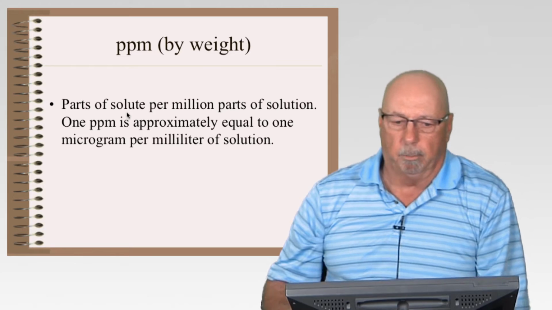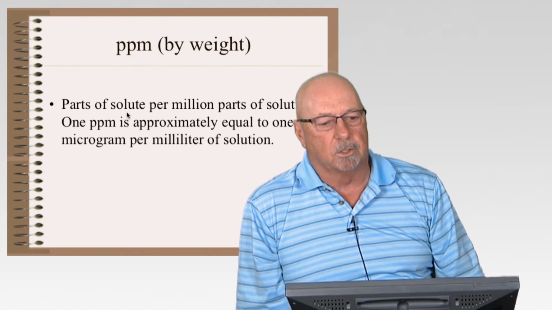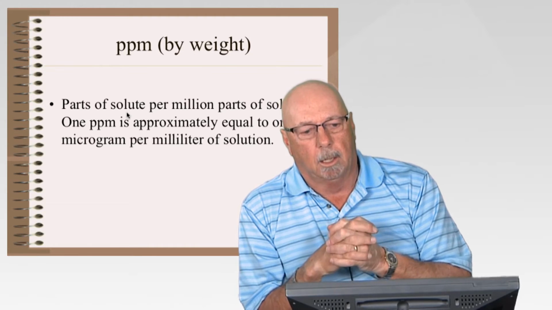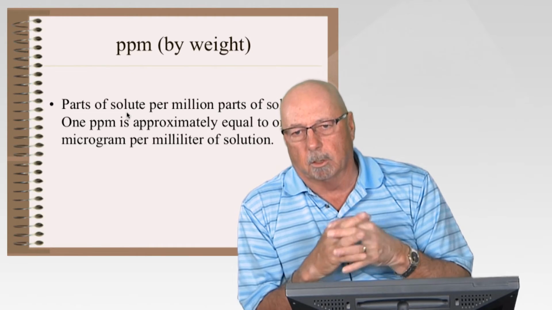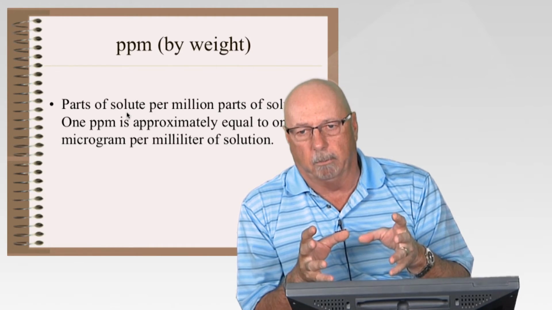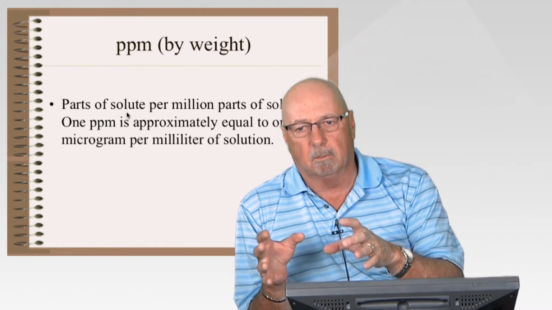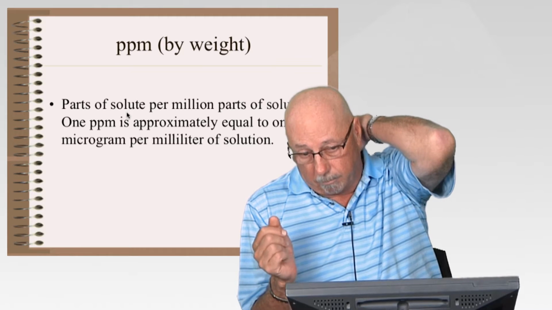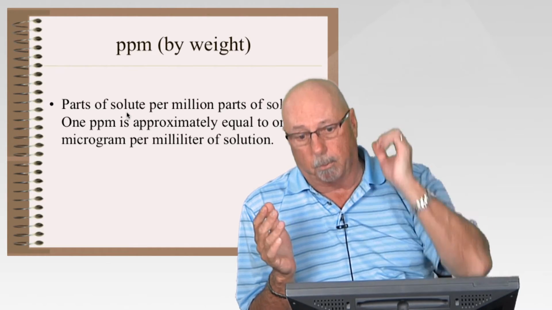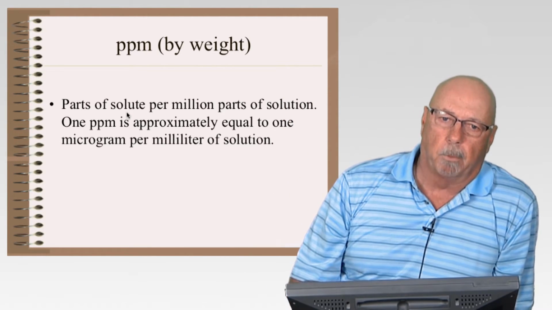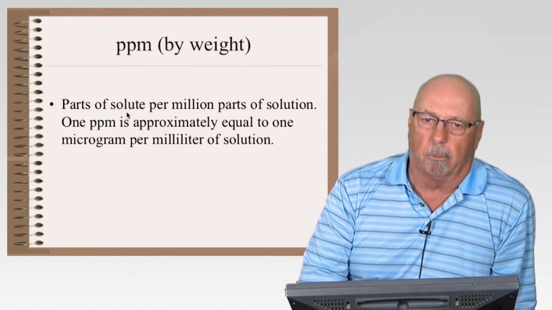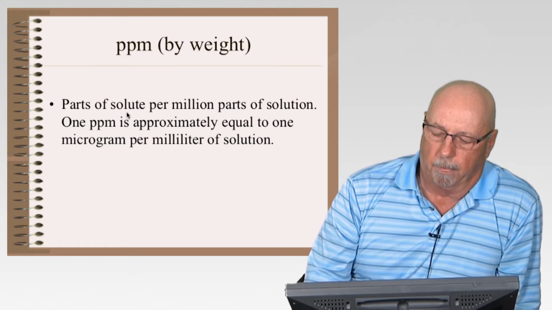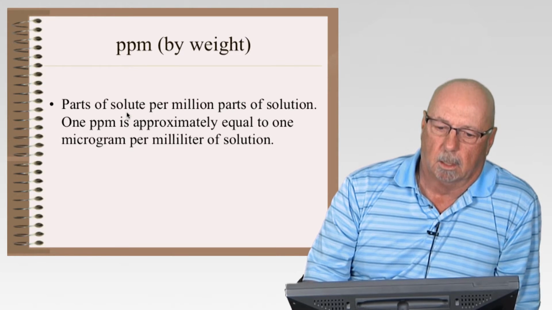And the parts per million by weight is defined as the parts of the solute per million parts of the solution. Put in simpler terms, it's the parts of the chemical you're interested in per million parts of the solution it's found in, oftentimes water or soil or whatever.